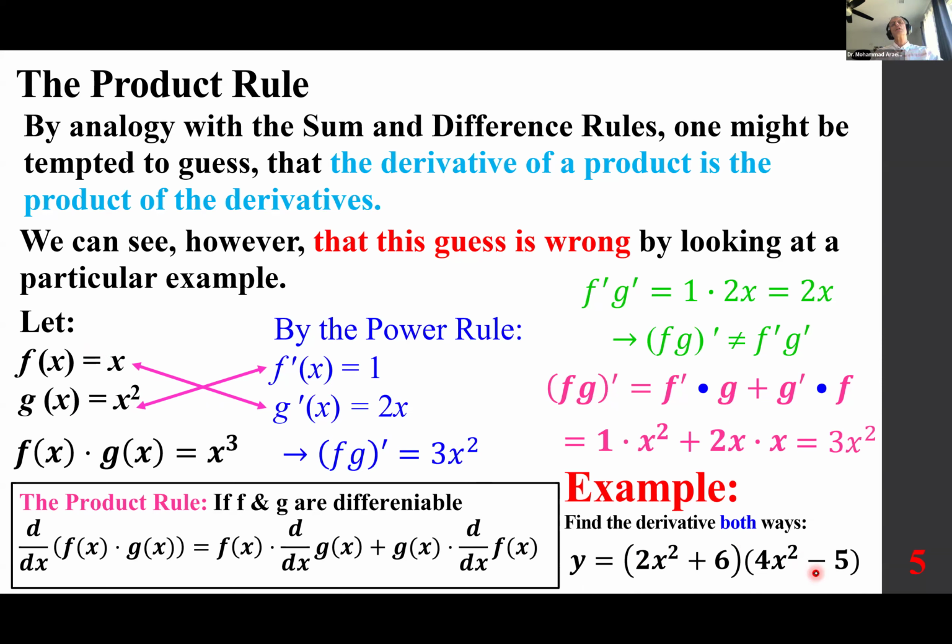So the answer is f prime g plus g prime f, and to do so, f prime, the derivative of x squared is 2x, times g, which is sine x, plus g prime, the derivative of sine is cosine, times f, which is x squared.